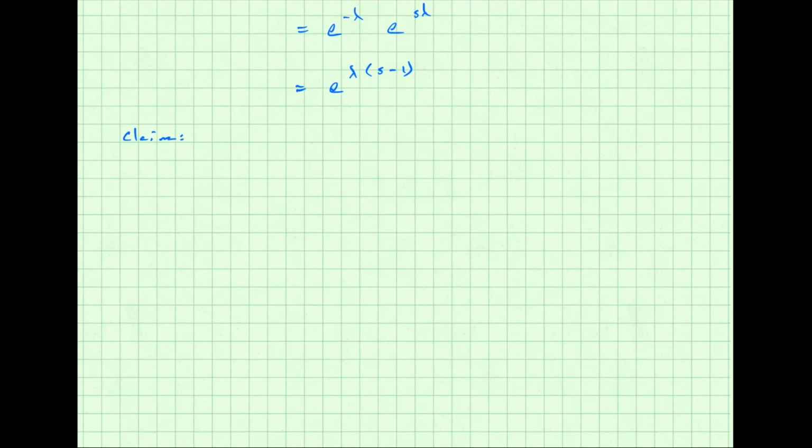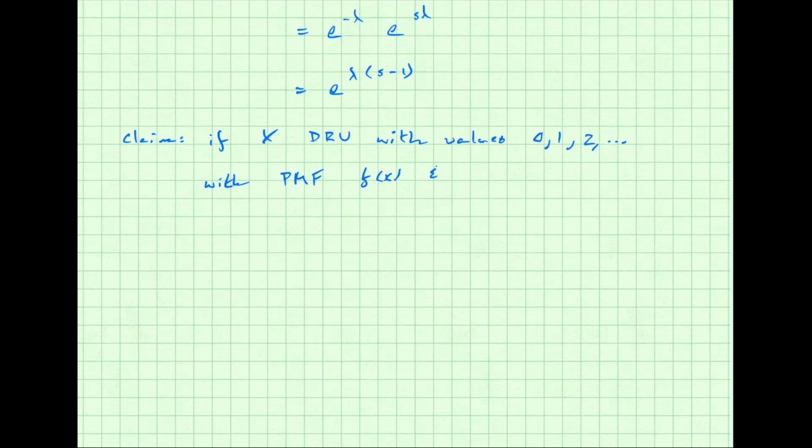Claim the following: if x is a discrete random variable taking on values, the usual here, starting at 0, 0, 1, 2, and so on, with probability mass function f of x, and with probability generating function g sub x of s, then the following is true.